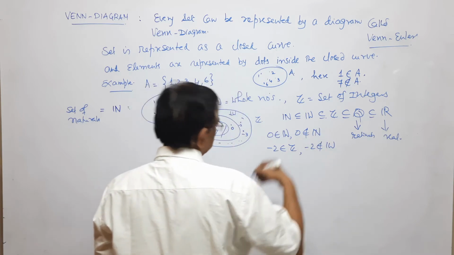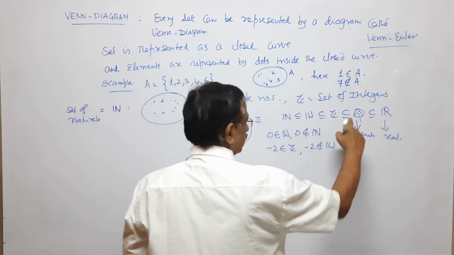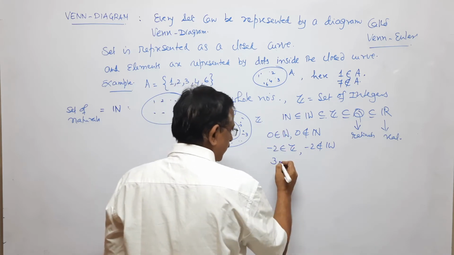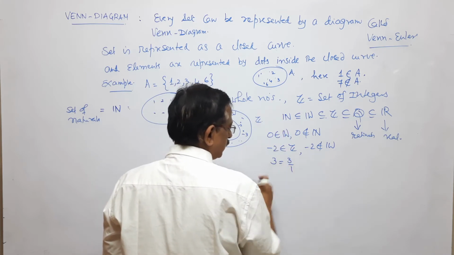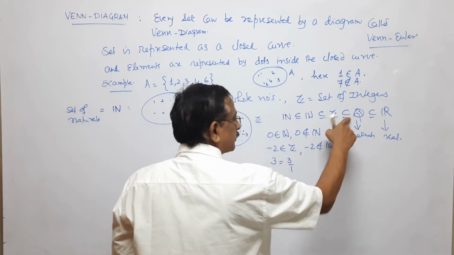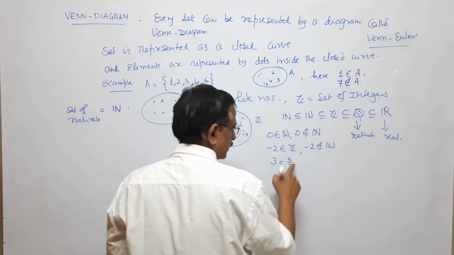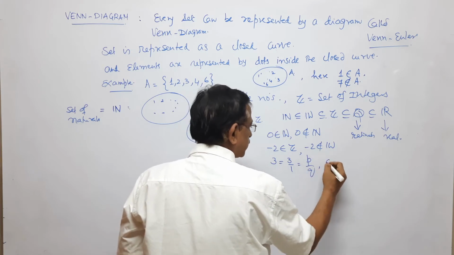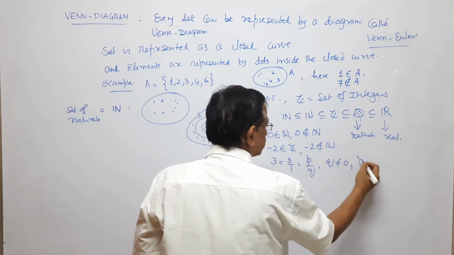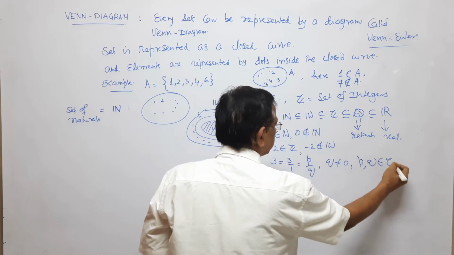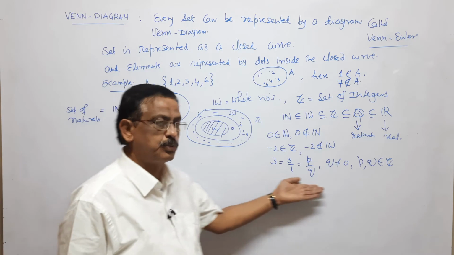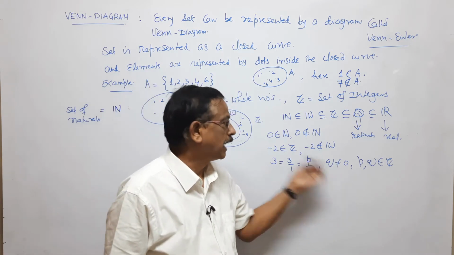Now, the rational numbers. If you take 3, 3 can be regarded as 3 by 1. So every natural number is a rational number. 3 equals 3 by 1, which is of the form P by Q, Q different from 0, P and Q are integers, so it is a rational number. This is what we have seen now.